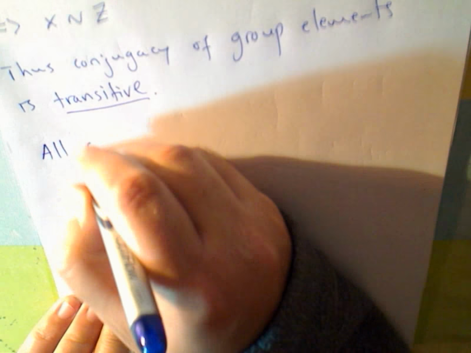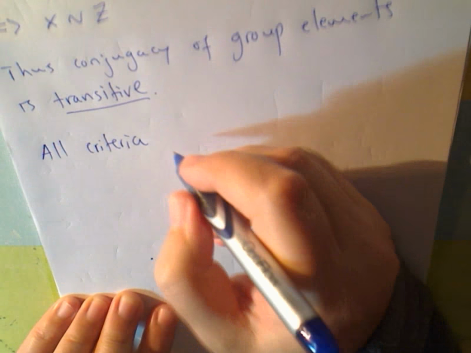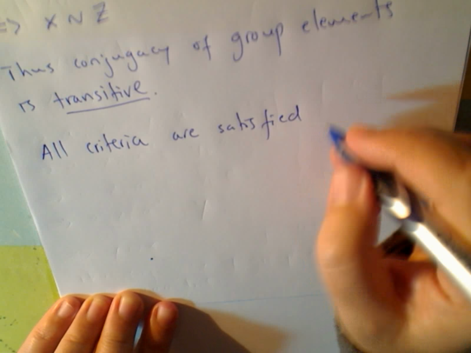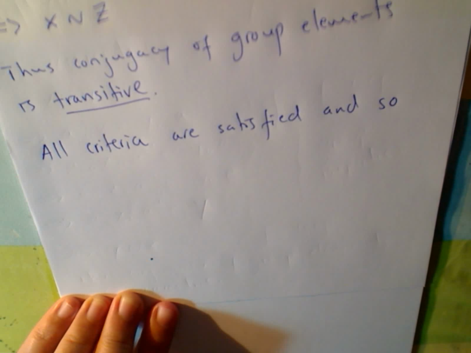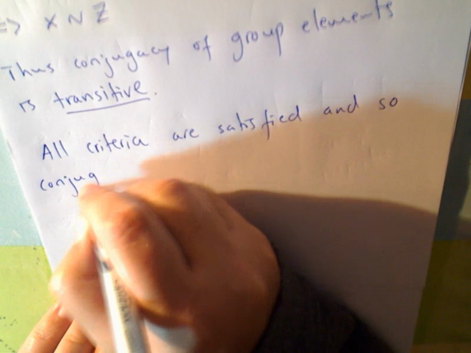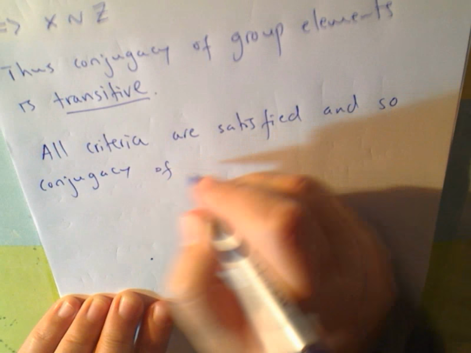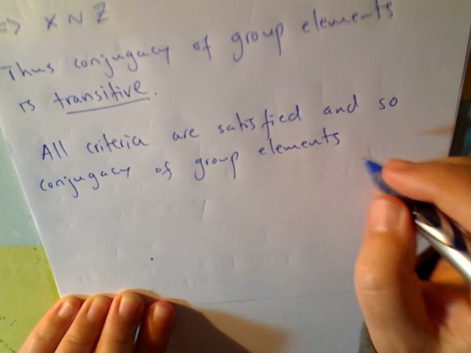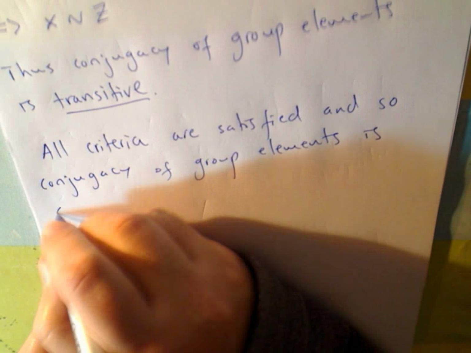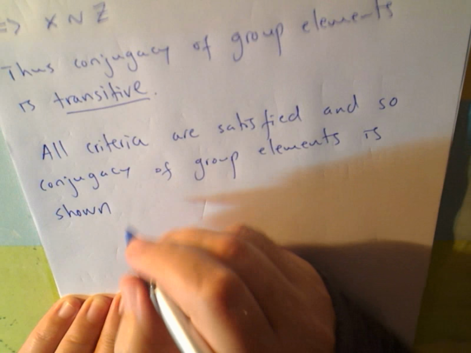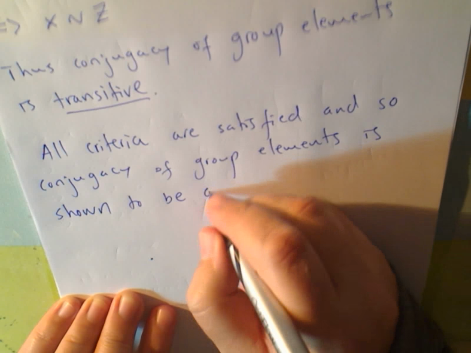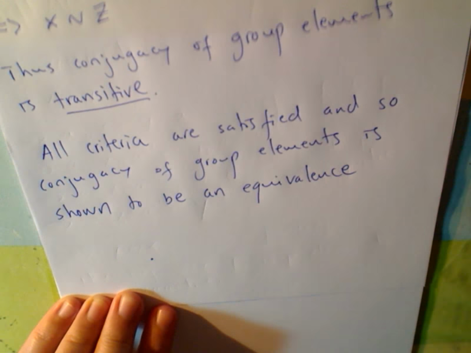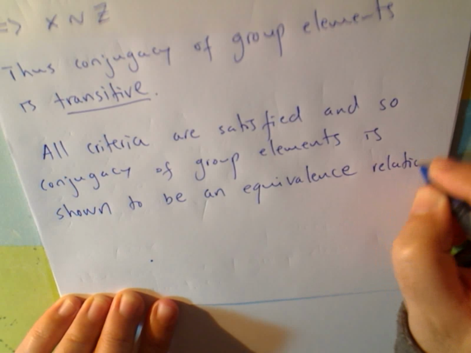So all criteria are satisfied, and so conjugacy of group elements is shown to be an equivalence relation.